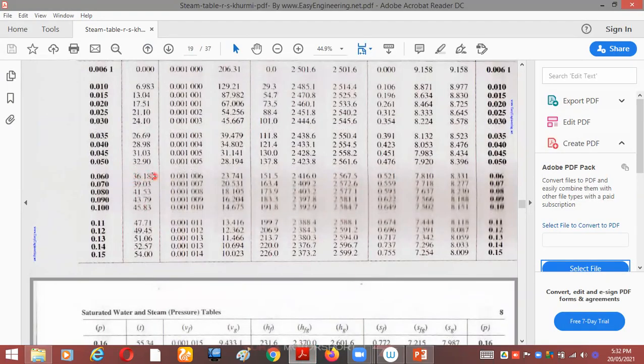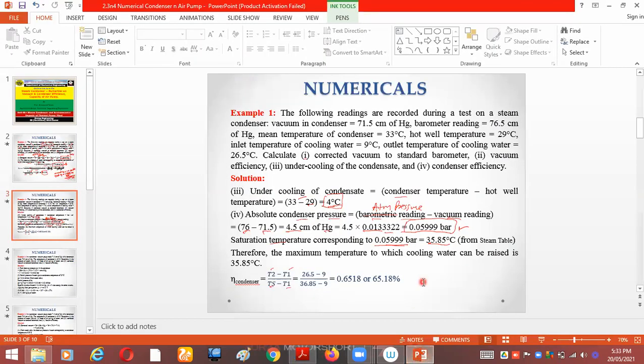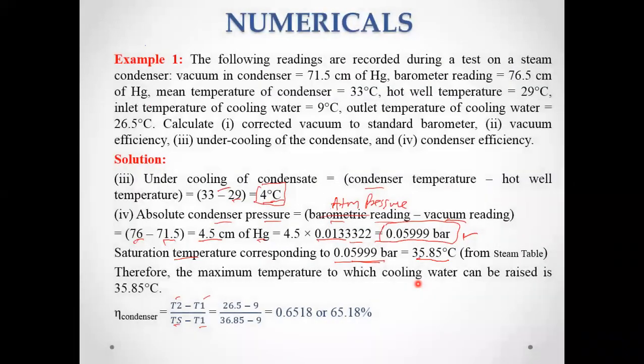Since it is 36.18, if you take the interpolation for 0.0599, you will get around 35.85. In this way we get the saturation temperature, 35.85 degrees.